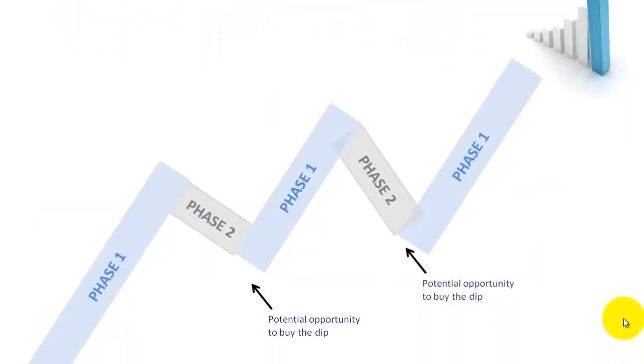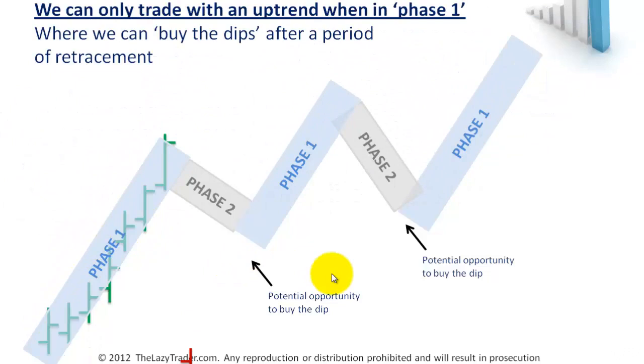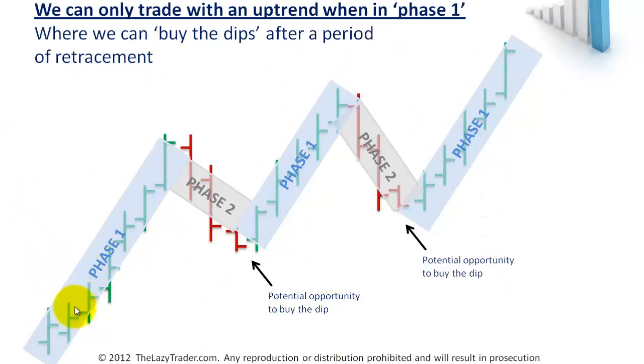So trends are separated out into phases, phase 1 and phase 2. Whether we're in an upward trend or a downward trend, phase 1 is with the trend. Here in this upward trend, making higher highs and higher lows, phase 1 represents the higher low to the higher high. Then we have the retracements, which is where price action corrects, said to be phase 2. We don't want to trade phase 2.